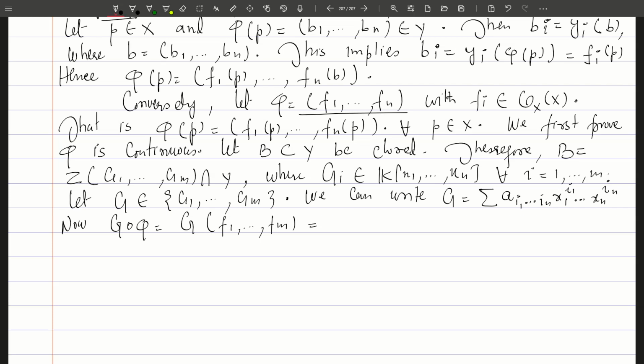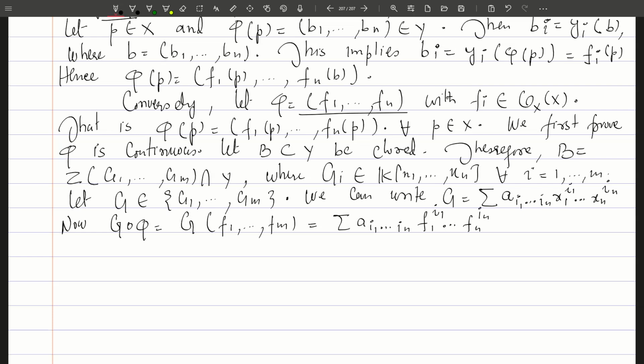So this is the same as the sum of a_{i1 up to in} times f1 to the power i1 up to fn to the power in. So we have to switch these variables xi's with fi's.